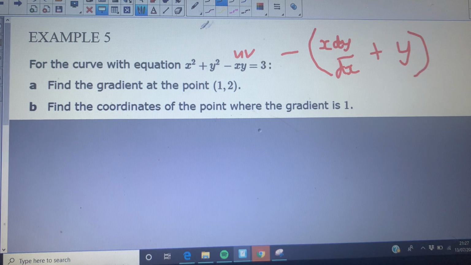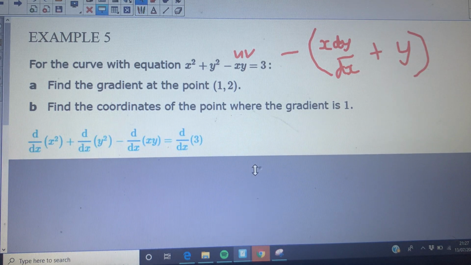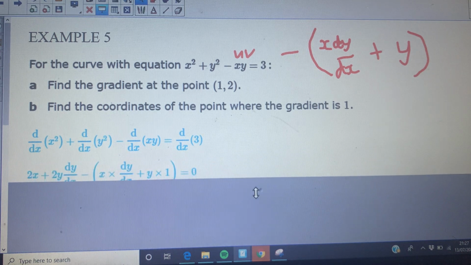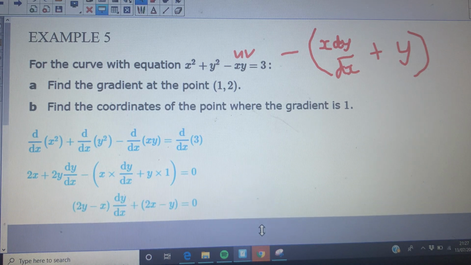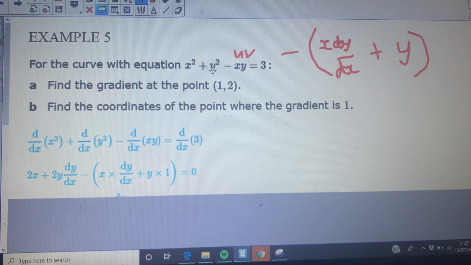So let's have a look and see how the dy/dx shapes up. Differentiating everything separately, as we said, 2x, 2y times dy/dx, and then setting this out using the product rule. I'm just going to add a little step in here for you.